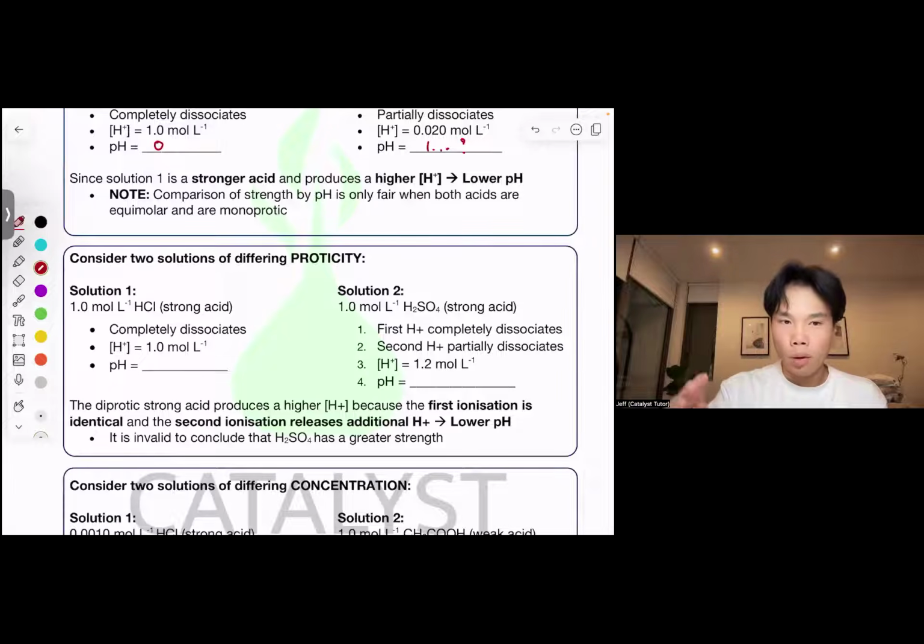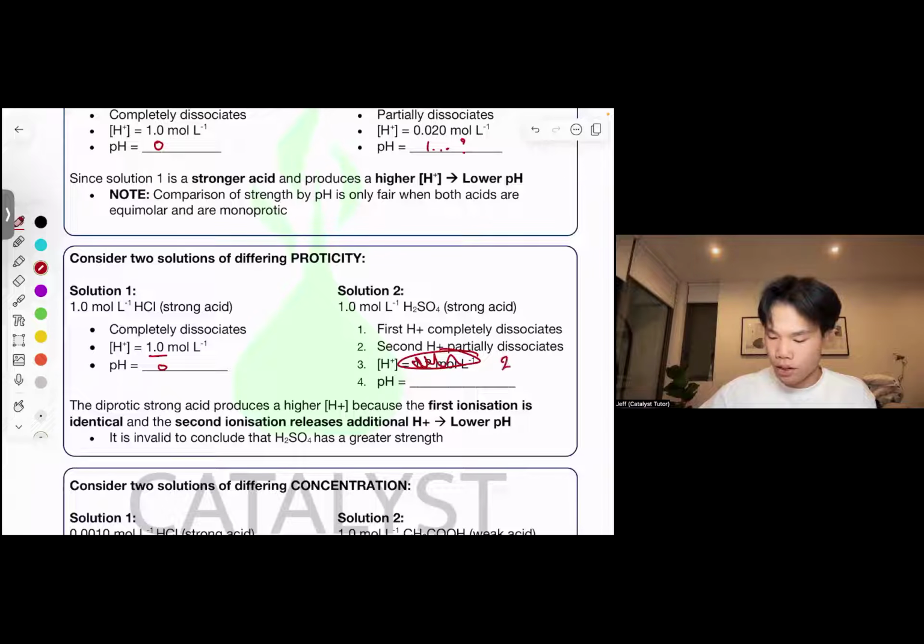Secondly, solutions that are more protic and have the same degree of ionization will also have a lower pH because they can ionize more. So for HCl, once again, it'll be a pH of 0 if you have hydrogen concentration of 1. What's the pH of H2SO4 if it dissociates to 1.2 mole per liter? For our purposes in HSC, we can consider the second ionization of H2SO4 to be strong.